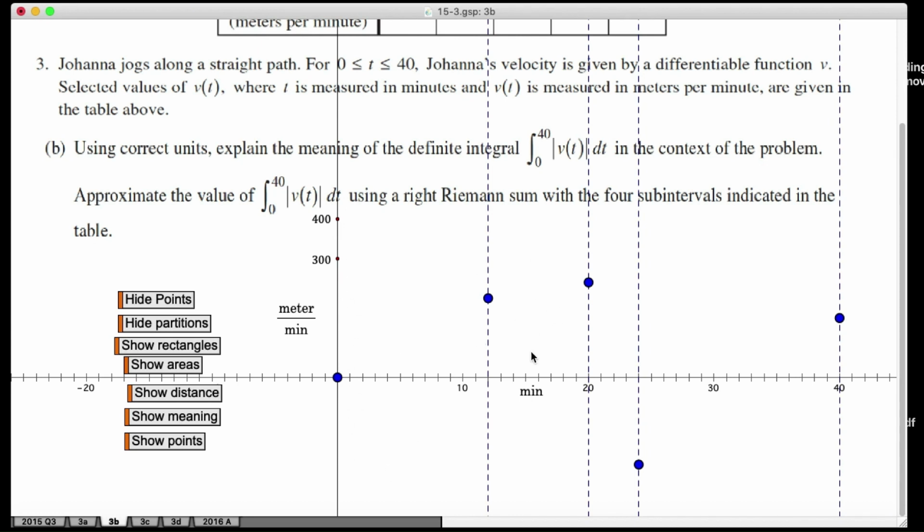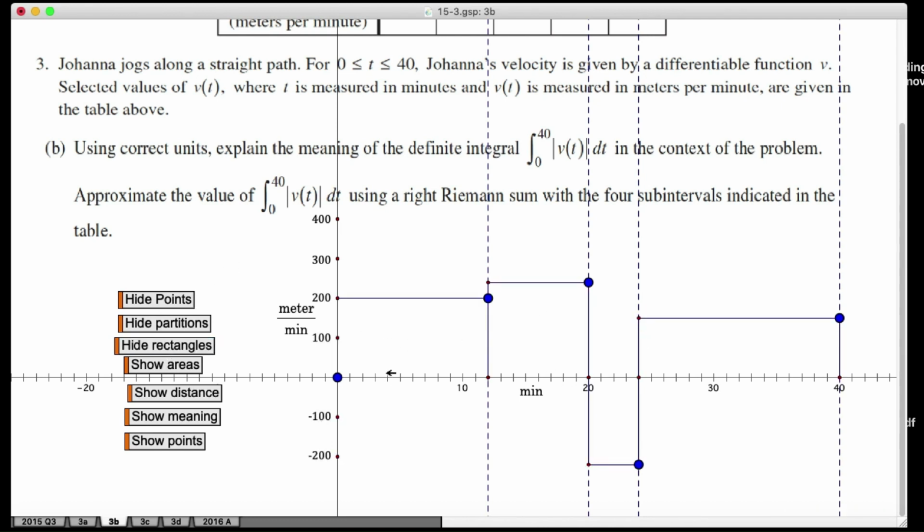And then in this interval here, I go to the right side again because it says right-Riemann sums, and draw the height of the rectangle over to this vertical partition here. Same thing here. Go to the right side, which is the point down here, and draw it over to the left side of the partition. Go over here, this subinterval, right side, draw the height of the rectangle until it reaches the left side of the partition. Okay, so there's my rectangles.